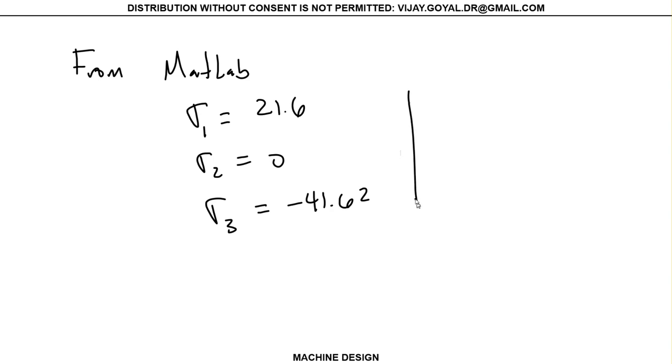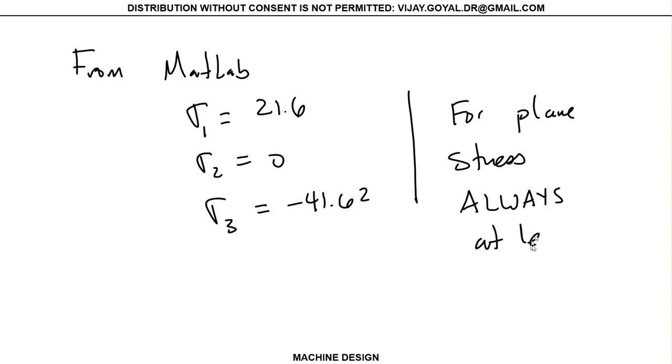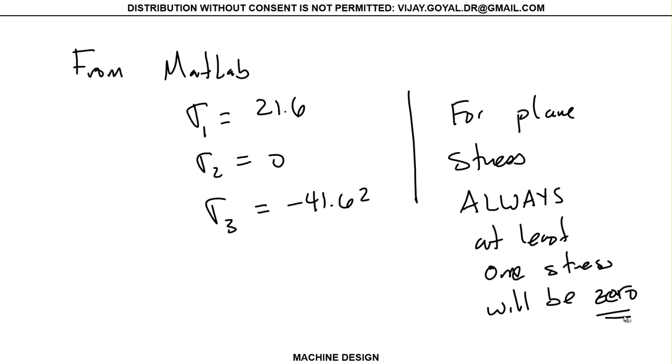Remember that for plane stress, always at least one stress will be 0. Okay? This is given by the fact that sigma 2 is equal to 0. Okay? This concludes example number 3.